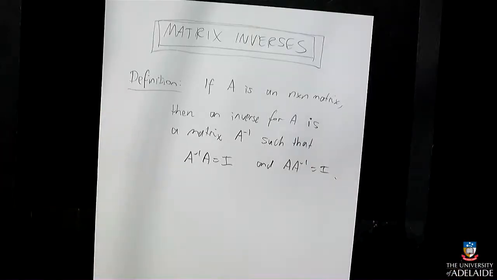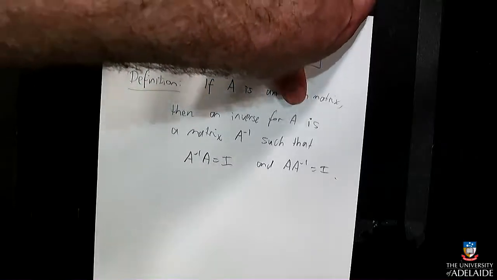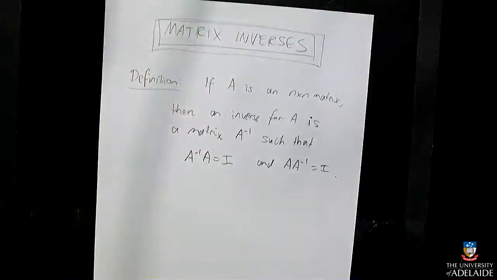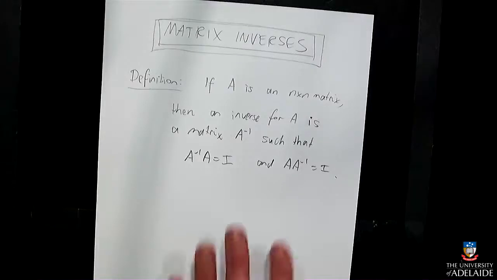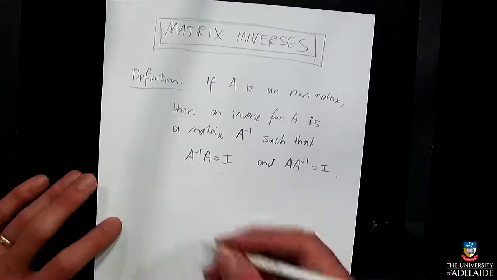I say n by n here because the only way to multiply two matrices both ways is if they're both square. So I'm just going to point it out.